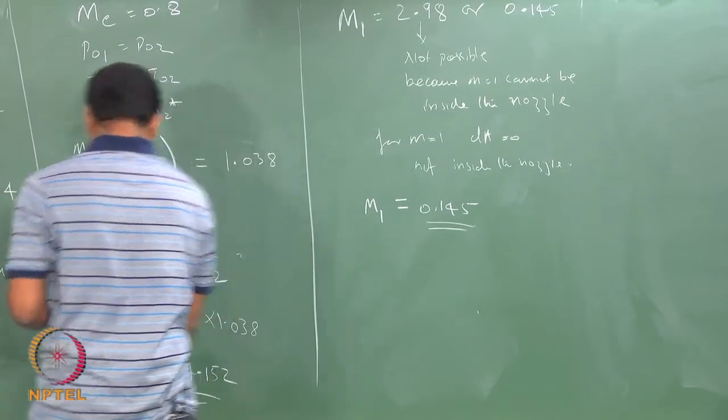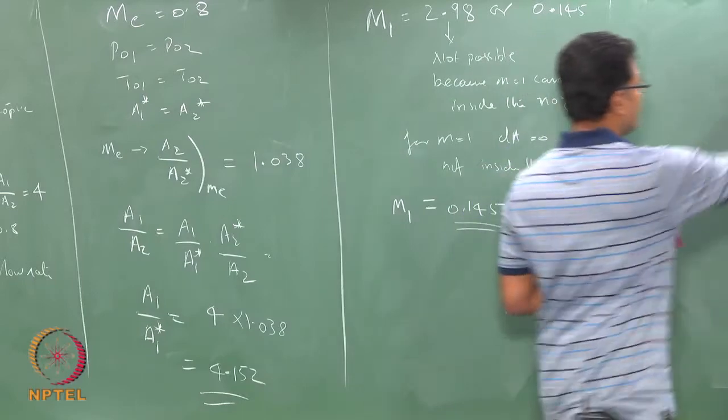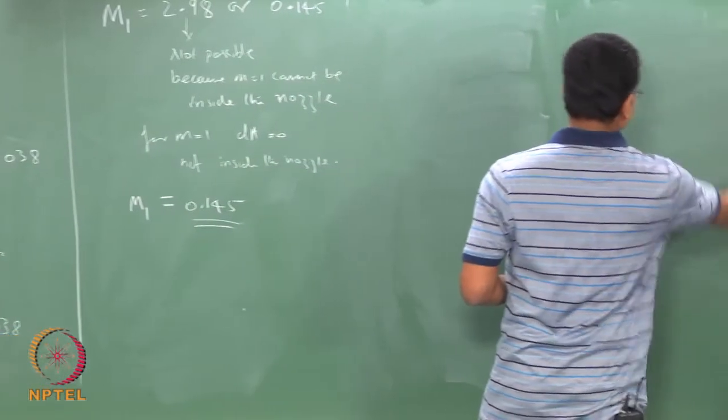So, now if I know my Mach number, I can easily find my mass flow rate.